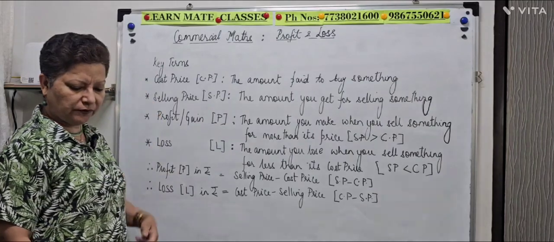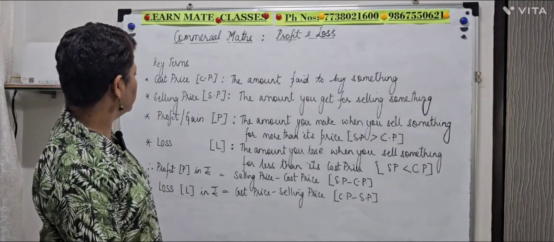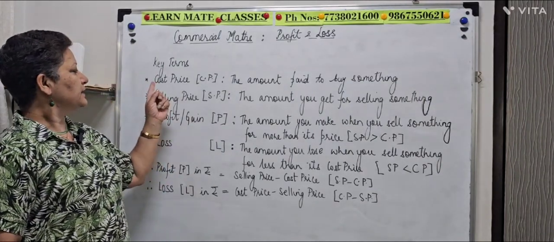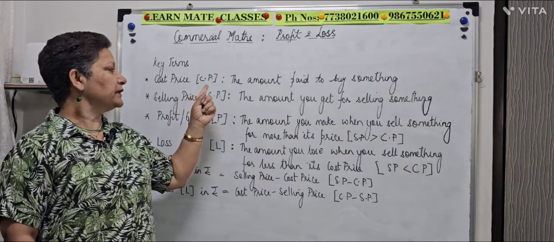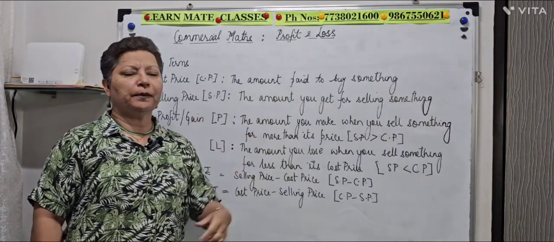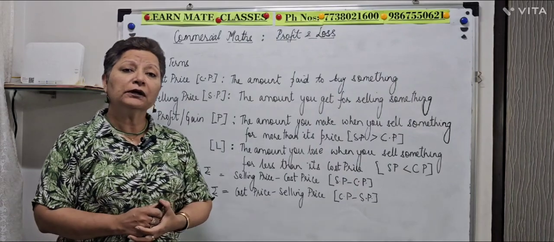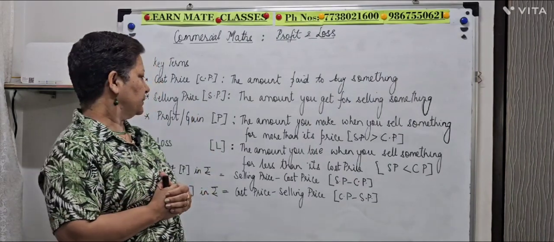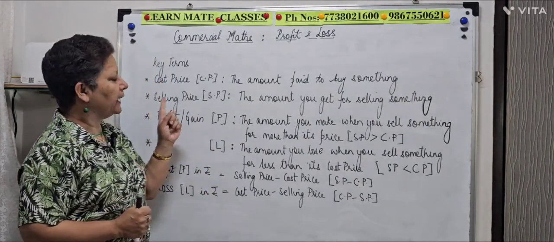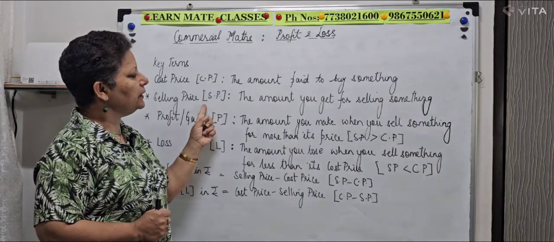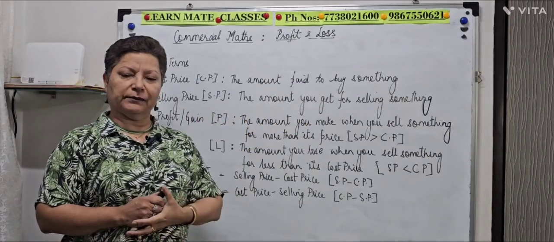Coming straight away to the basic terms of profit and loss: cost price, abbreviated as CP, is the amount paid to buy something, or it could also be the amount paid to make something. Selling price, abbreviated as SP, is the amount you get for selling something.